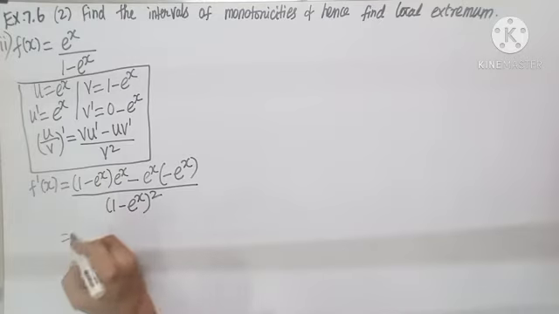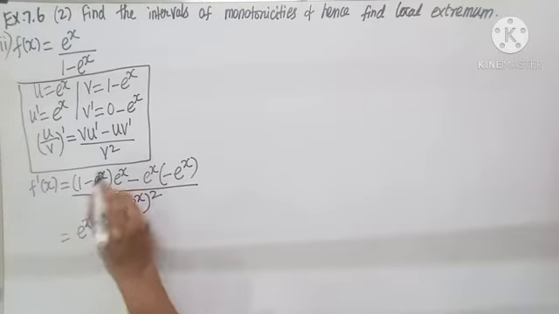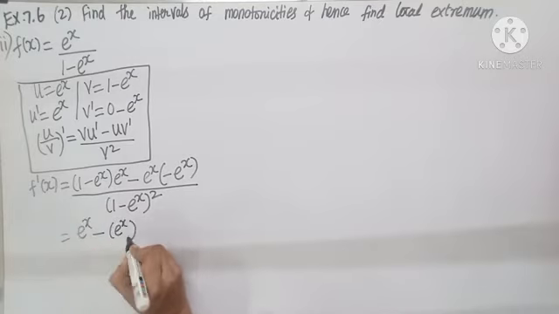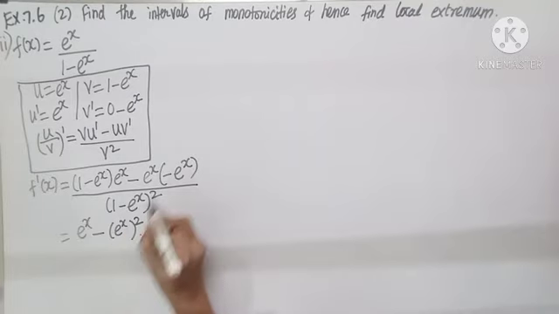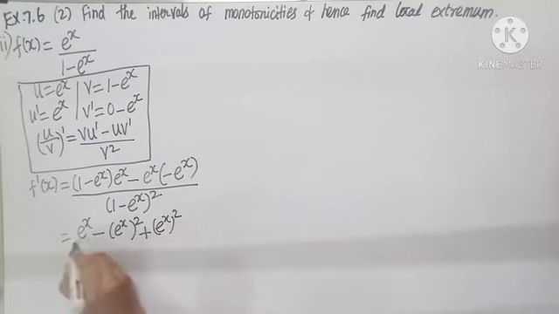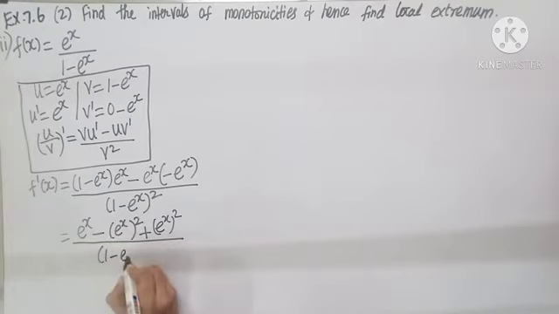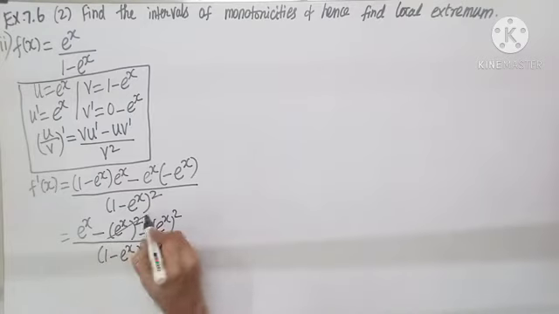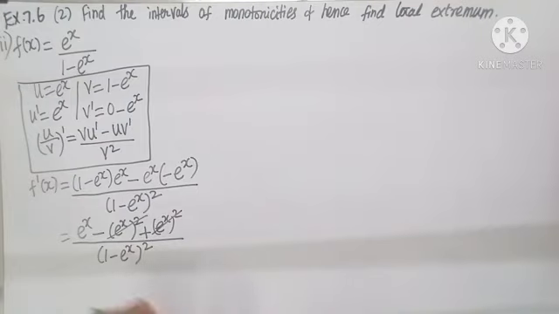It is 1 into e power x minus e power x into e power x, minus into minus plus e power x into e power x, over denominator 1 minus e power x the whole square. These two terms we can cancel. So f dash of x is equal to e power x by 1 minus e power x the whole square.